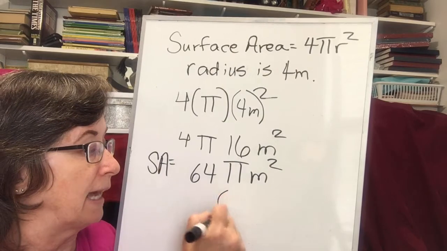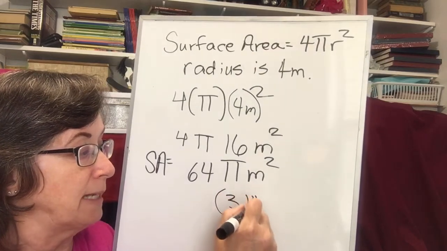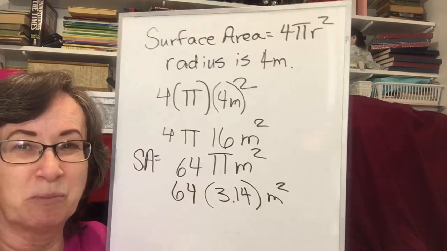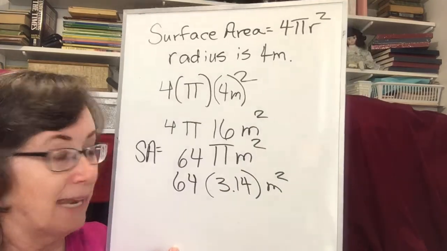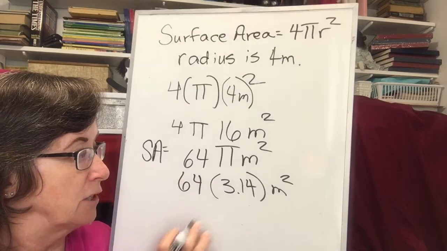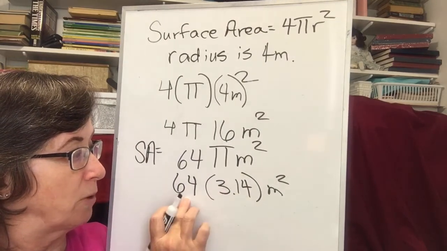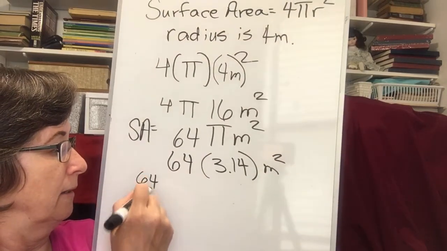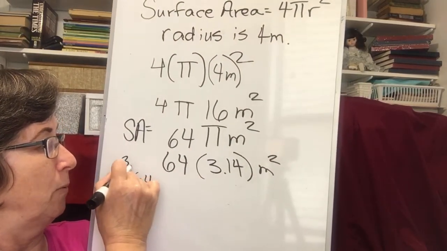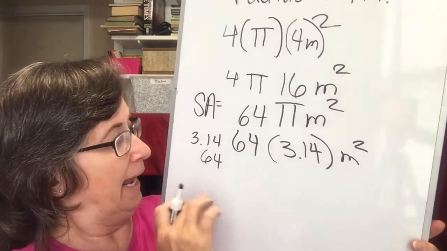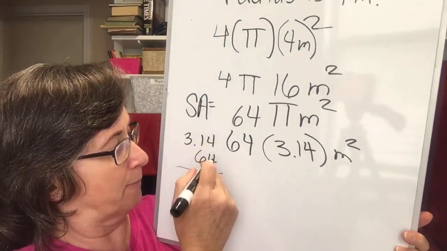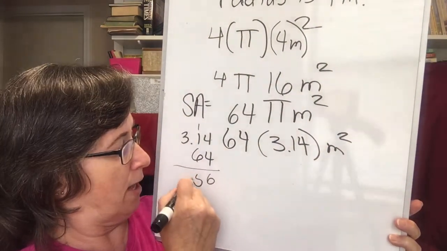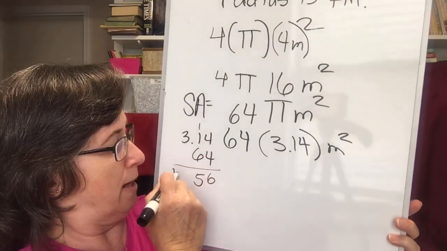But we're going to get the approximate, which is often more useful to us than having a pi sitting there. So we're going to plug in the 3.14 and multiply. So we're going to have 64 times 3.14. When I multiply, I get 4 times 4 is 16. 4 times 1 is 4 plus 1 is 5. 3 times 4 is 12.